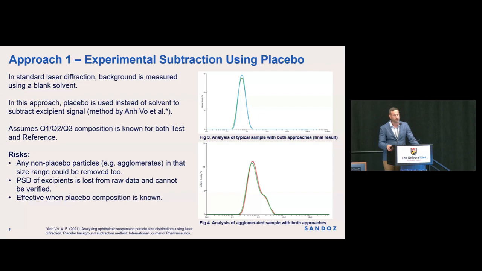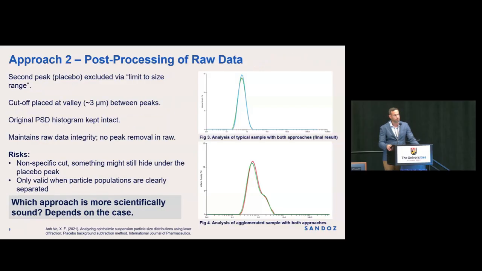If you don't control it well, then you will introduce additional variability coming from the method. Nevertheless, the result compared to approach 2 seems to give a similar outcome.